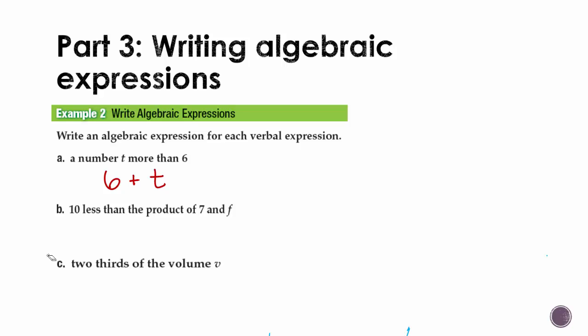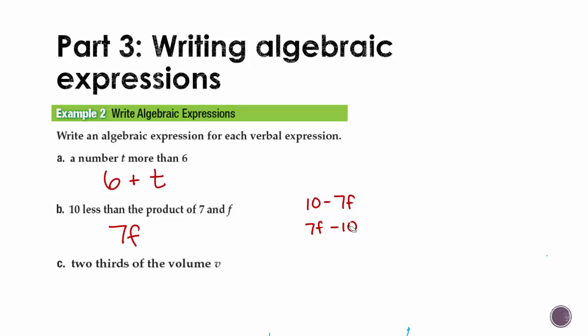But one like B says 10 less than the product of 7 and F. So product we know means multiplication. So we have 7 and F being multiplied. Now if I want 10 less than that, we have two ways of writing it. It could look like this, or it could look like this. And these mean two totally different things because of the subtraction sign.